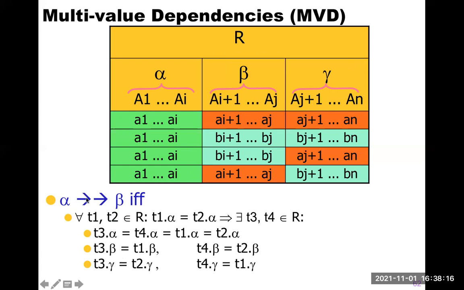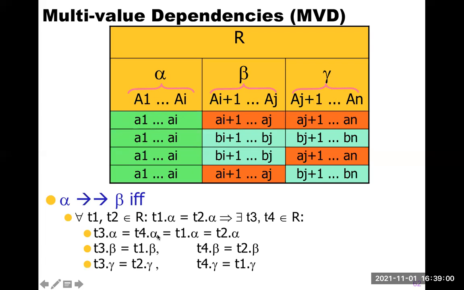So, formally, a multi-value dependency, or MVD, takes place if and only if I can find two different records in a table, T1 and T2, two different tuples, such that if they have the same columns in the left part, alpha columns, alpha here equal to alpha there, then I can find two other records in R with the same alpha columns.